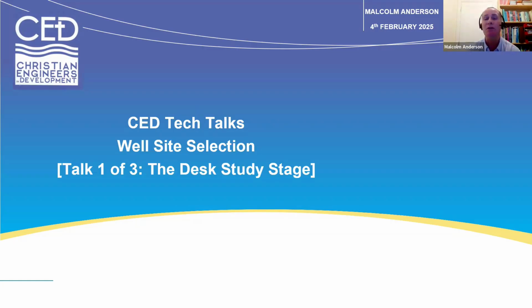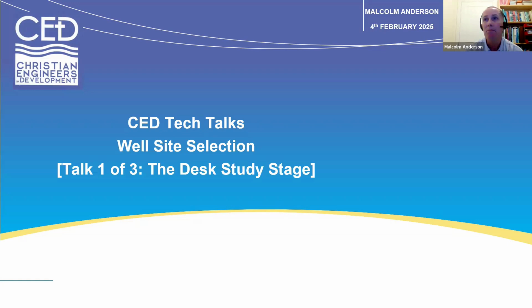Now, originally, when I was asked to do this talk, the intention was that I was going to describe how to undertake a geophysical survey to identify the optimum location for a well or borehole. In reality, that's kind of a misunderstanding or misnomer. The geophysics sometimes works and sometimes doesn't. In some situations, it's fantastic, and in other situations, it doesn't tell you very much at all.